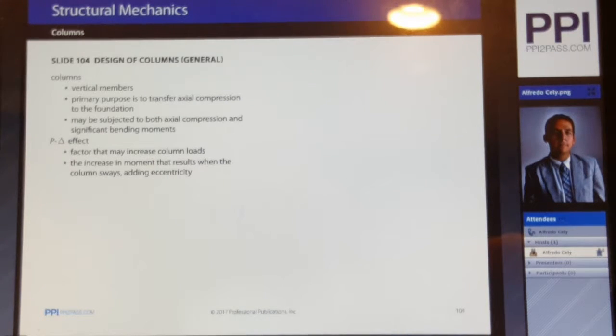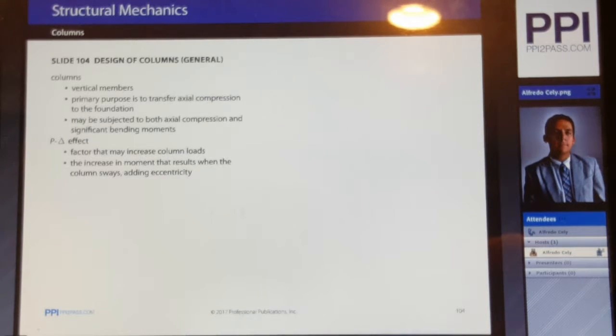The primary purpose of columns is to transfer the axial compression loads that they've gathered through either beams or slabs down to the foundation. And columns may be subjected to both axial compression and to significant bending moments.